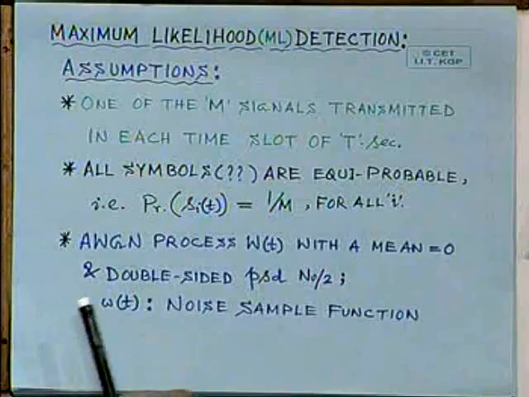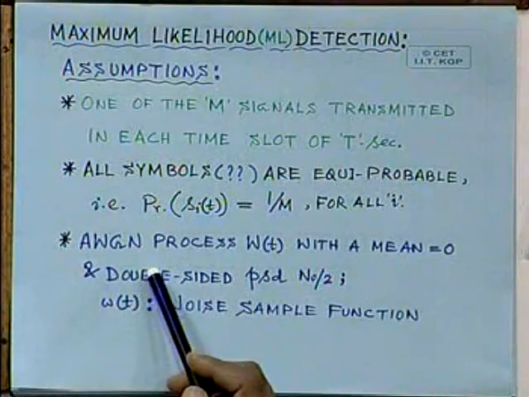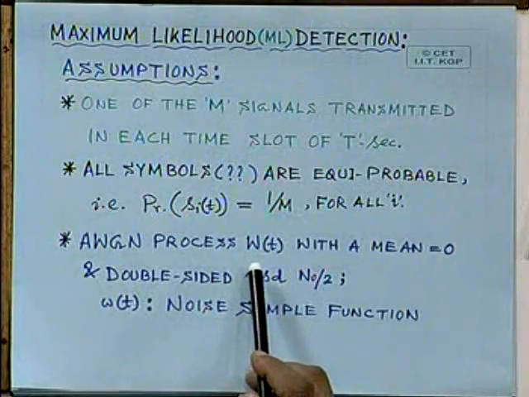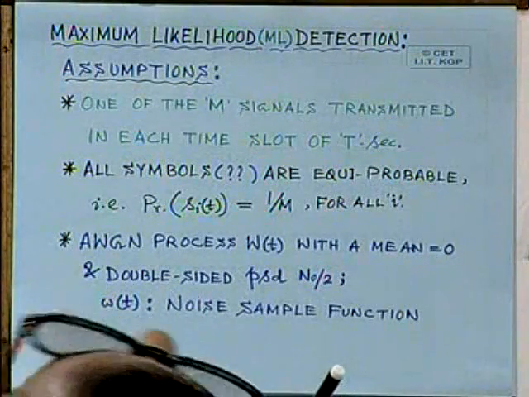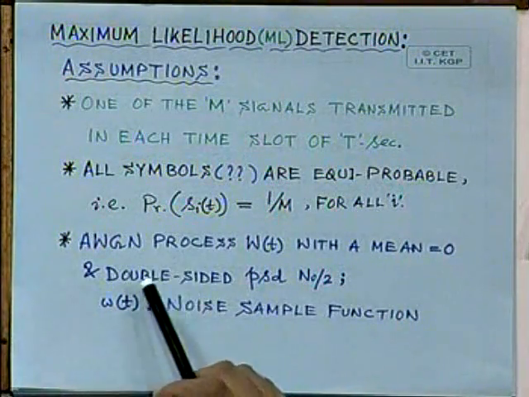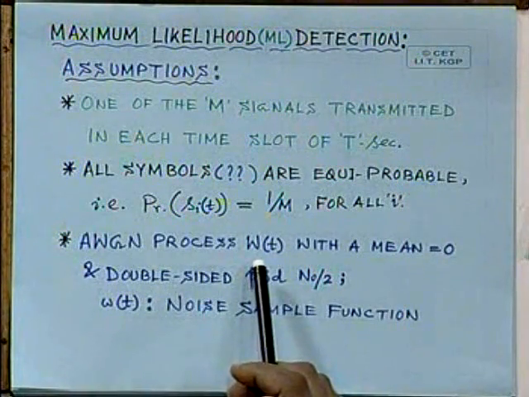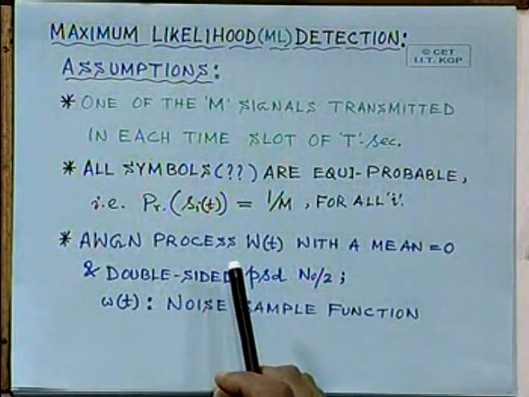Then we are also assuming that the additive white Gaussian noise process, AWGN in short, which I am indicating as capital W as a function of time, is a time varying stochastic process. You have heard this name by this time, I believe, in the tutorial class. So this AWGN process I am indicating as W(t), and if I observe the process not for its entire duration of life, which may be impractical, but over a very finite duration of time, what we get is a sample function of the random process, and that sample function I am indicating as small w(t).